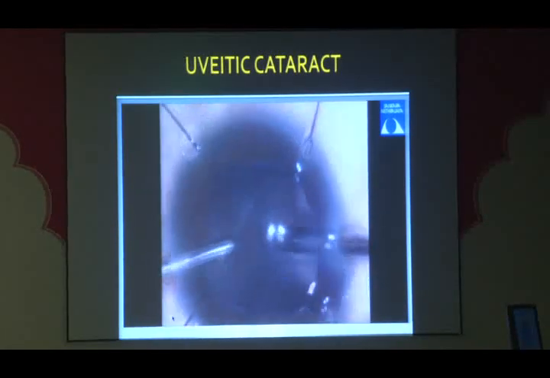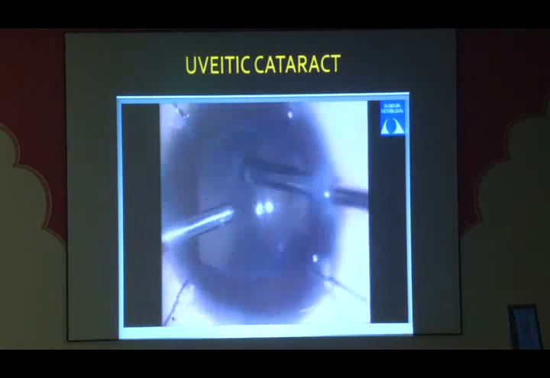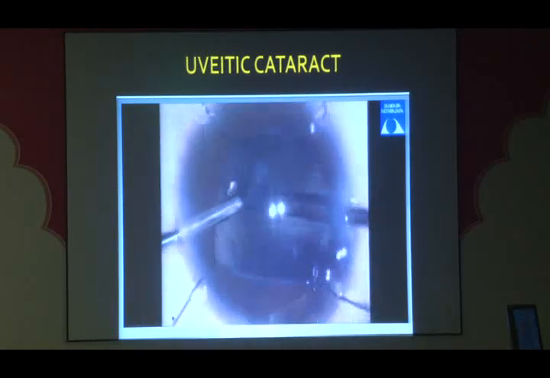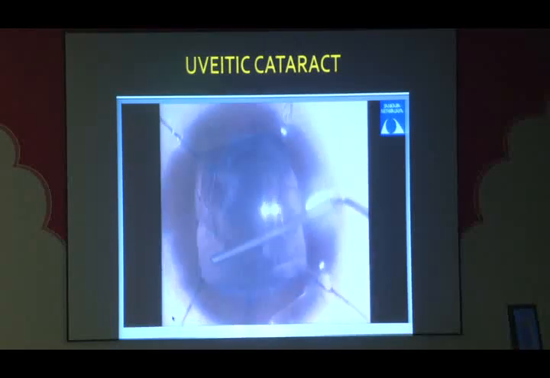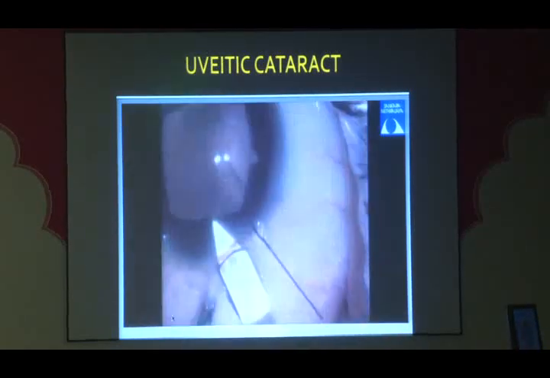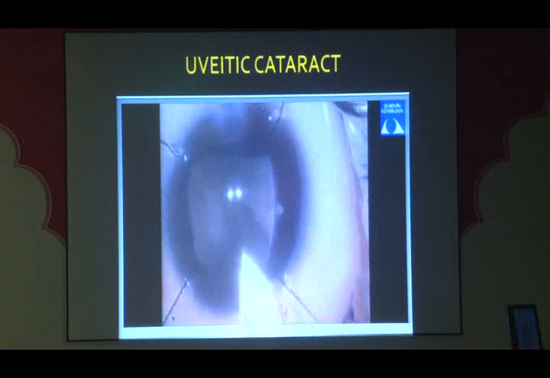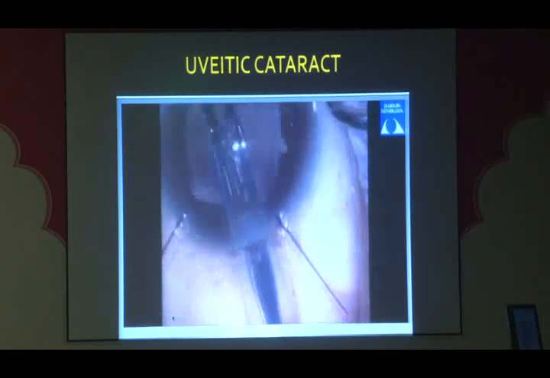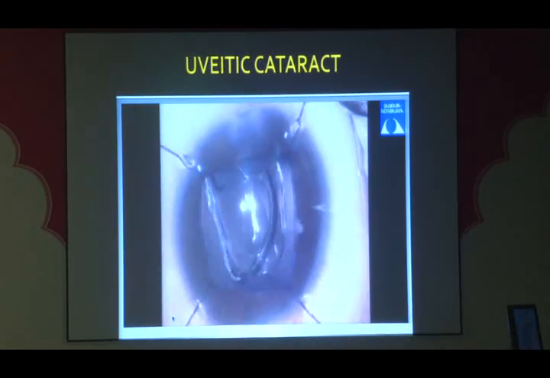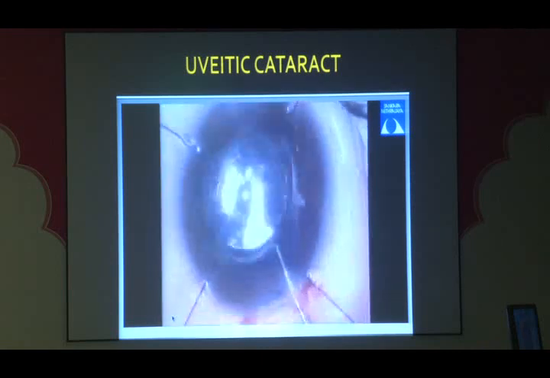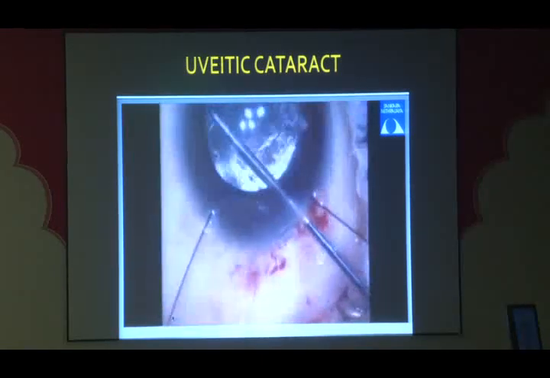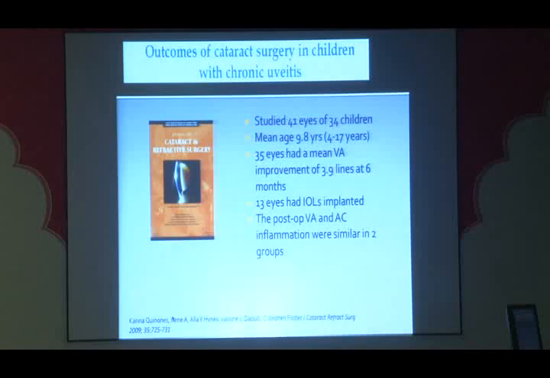So the choice of lens will be an acrylic lens. In the era before acrylic, it was PMMA with surface modification, heparin surface modification, but now the choice is the acrylic lens, and it needs to be in the bag. Remember, only and only in the bag.